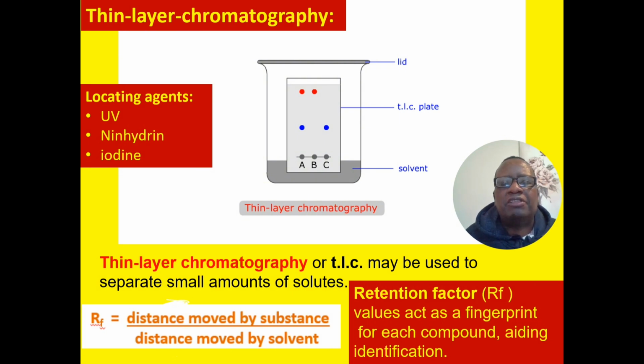I think in biology, you can stain with iodine to make the spots or the samples more visible. You need to clearly understand the whole process of chromatography and also the limitations of this process. Like, what are the limitations? Two samples might have the same Rf value.